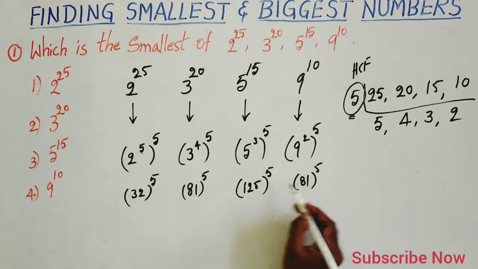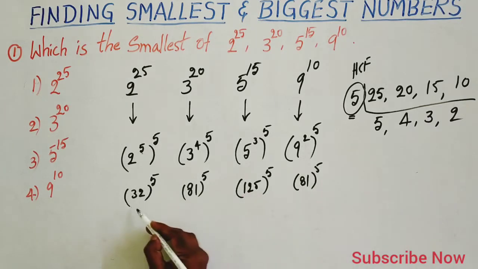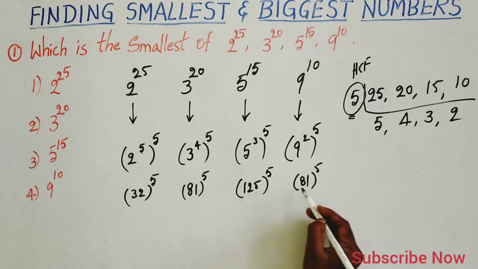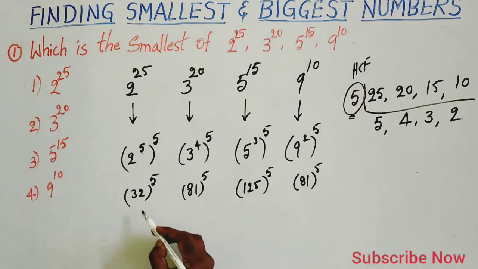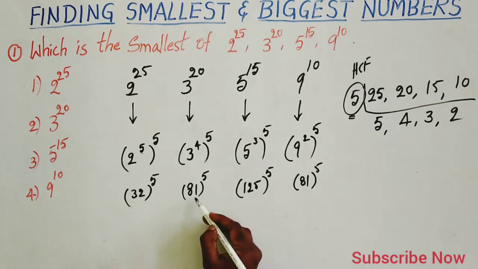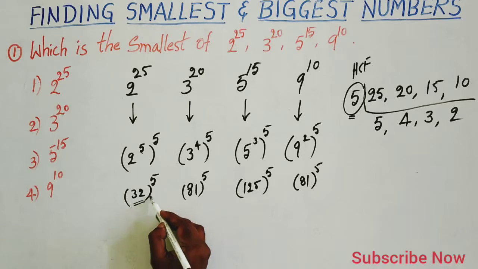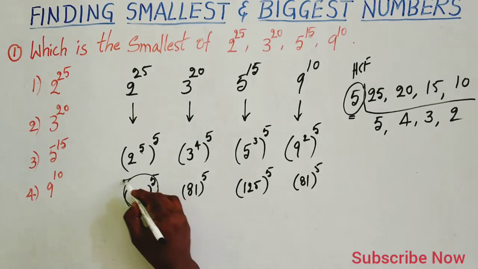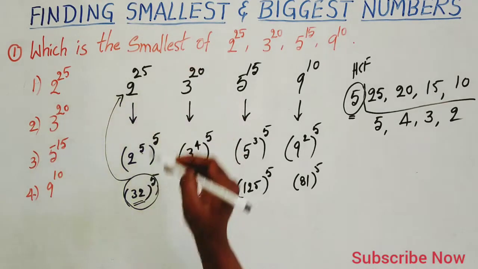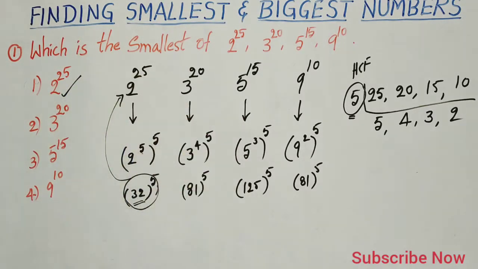So in all these numbers, powers are equal. Now you see the bases 32, 81, 125, 81. Now the number with the least base will be the least number. So among 32, 81, 125 and 81, 32 is the least number. Therefore 32 power 5, that means 2 power 5 is the least number. 2 power 25 is the least number.